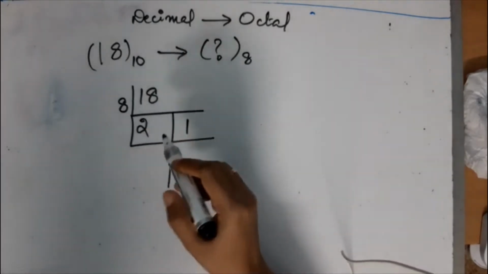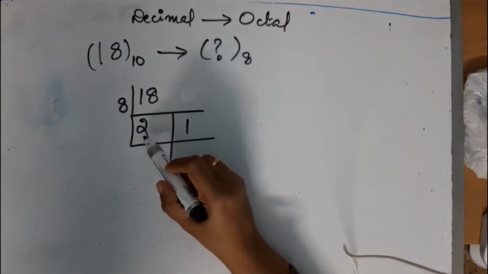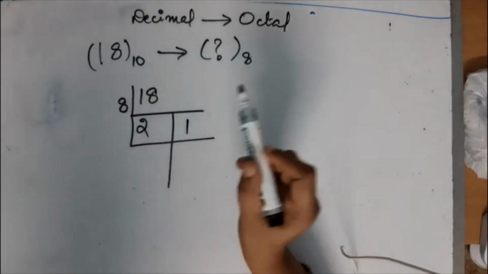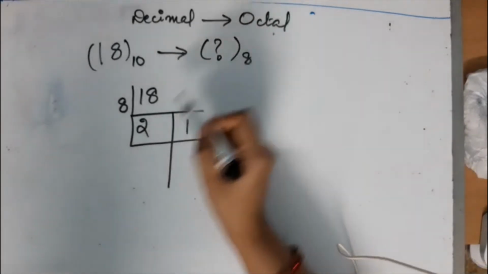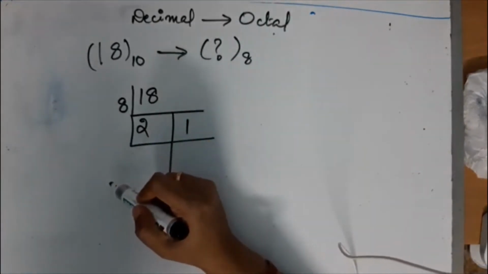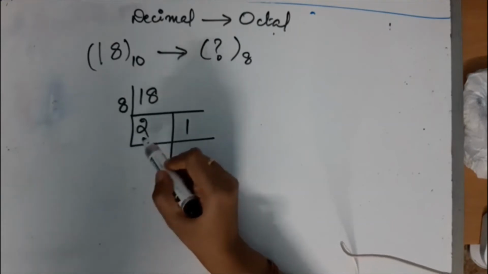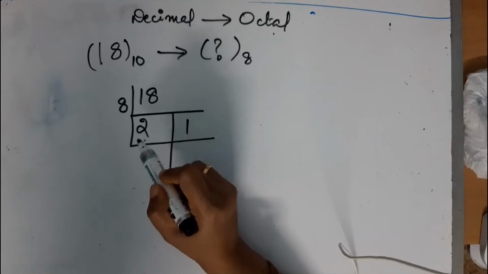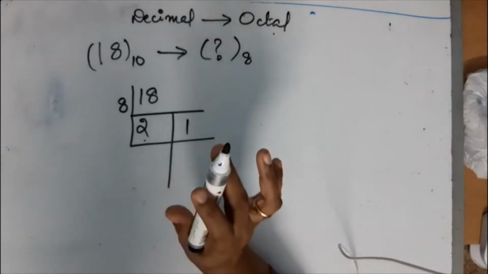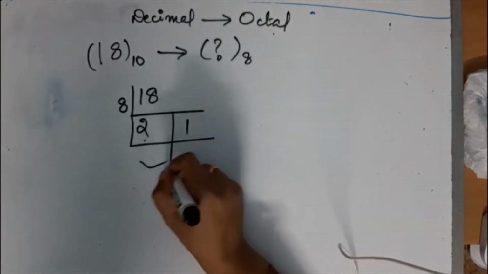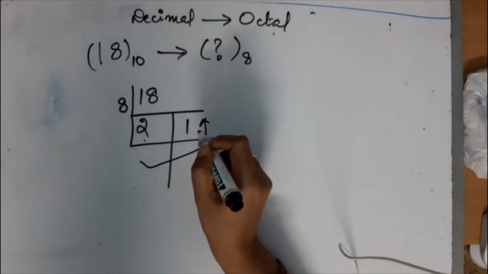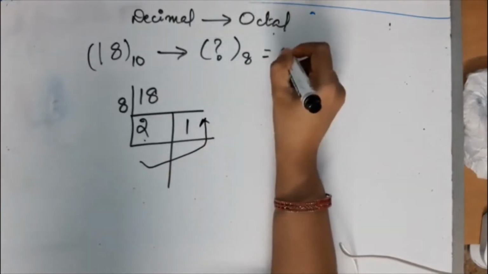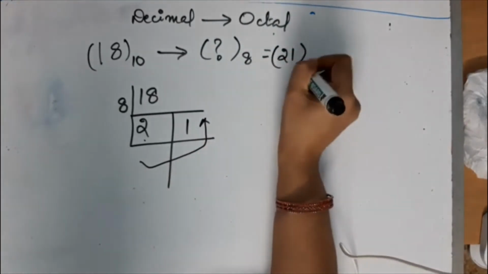So, what happens here is 2 is a number which belongs to octal. So, we needn't divide it again with 8. In this case, 2 is an octal number. So, this is the answer, and how do you write the answer? From here to here. So, the answer will be 21 to the base 8.